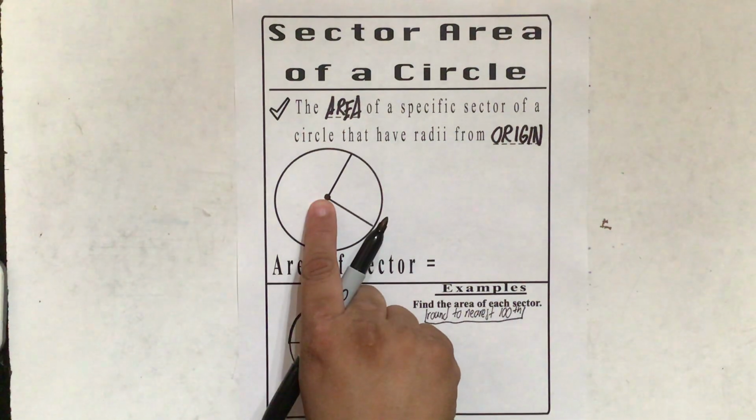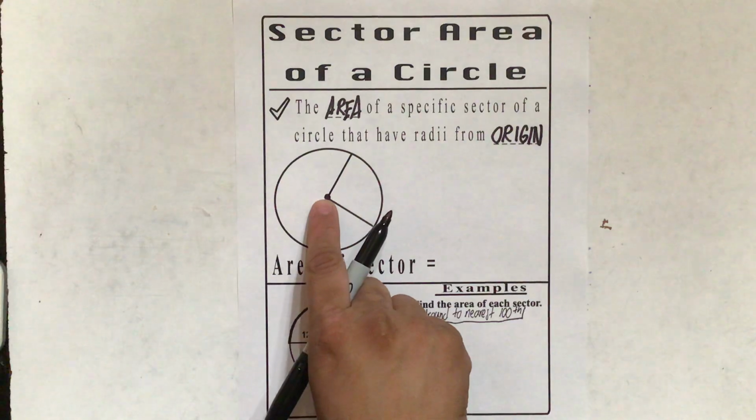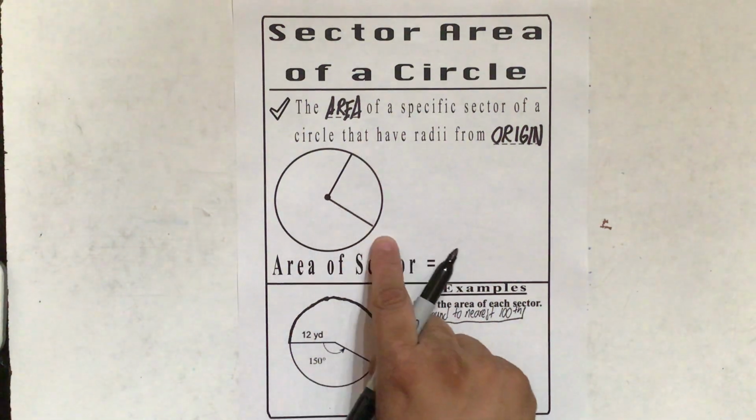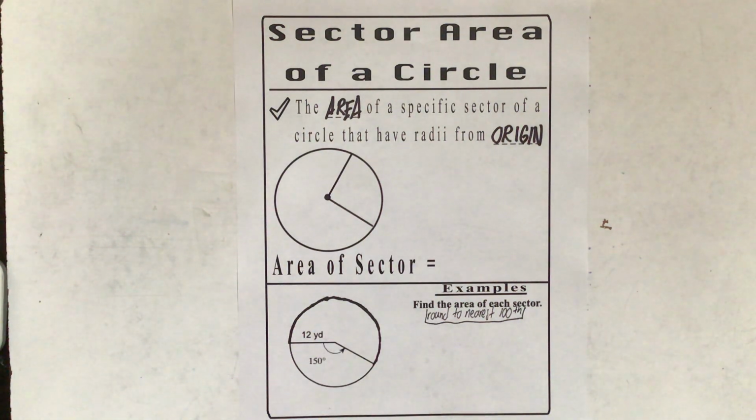The origin's in the center. So we have a radius that goes that way and a radius that goes that way, right? So we're going to deal with the area.